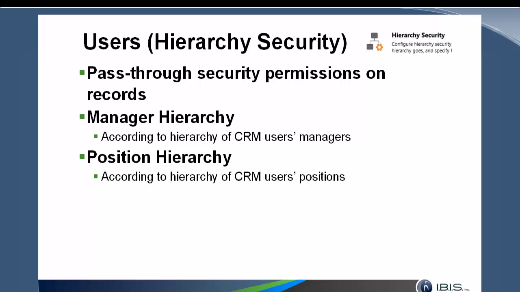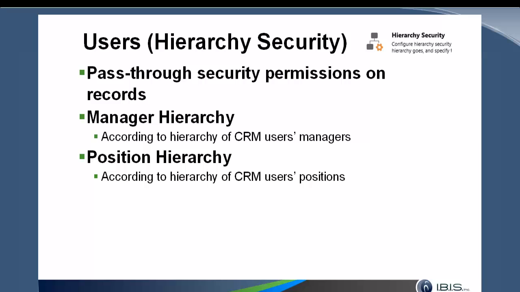Or you can go by position, whereby a single user will have a position identified on their user record, for example, a salesperson, and then anyone with a sales manager position, for example, would have access to salesperson's records.